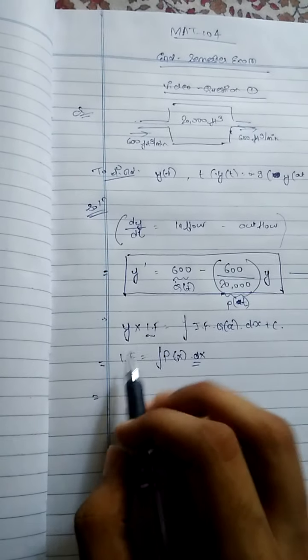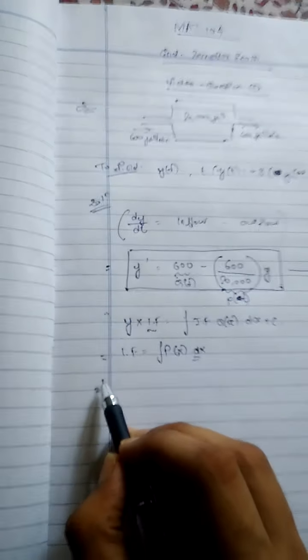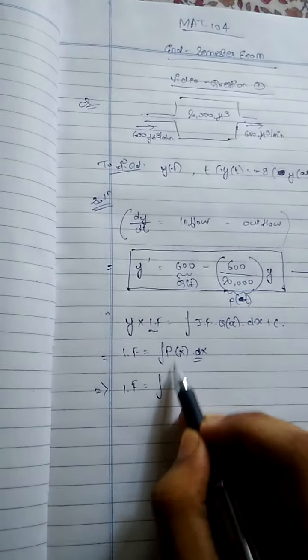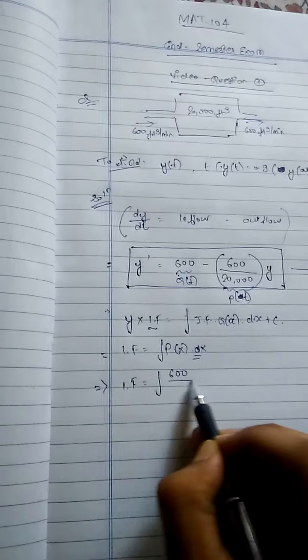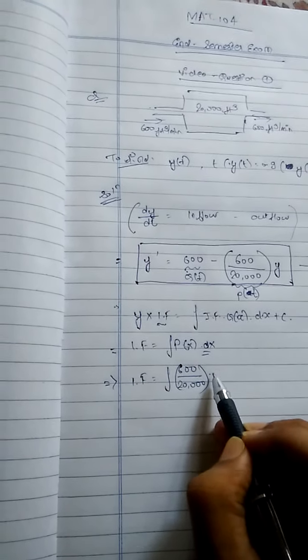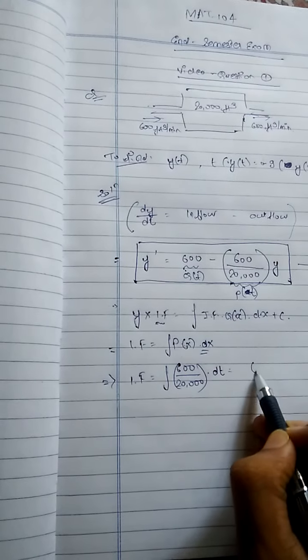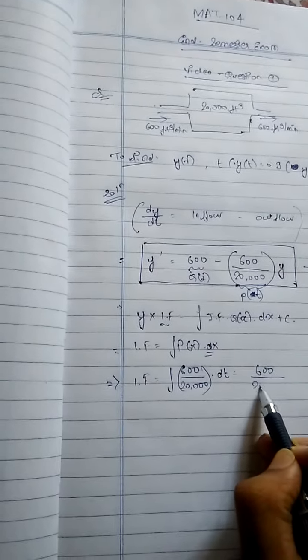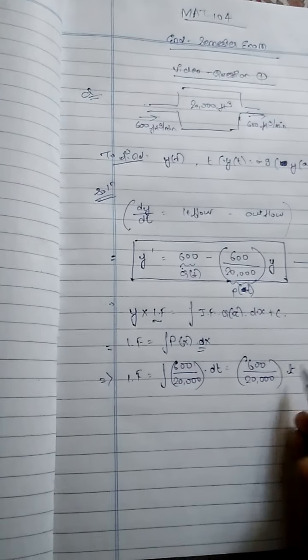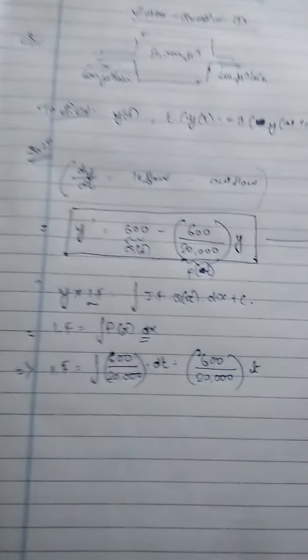First I'll find the integrating factor here. In this question, the integrating factor will be e to the power 600 by 20,000 t.